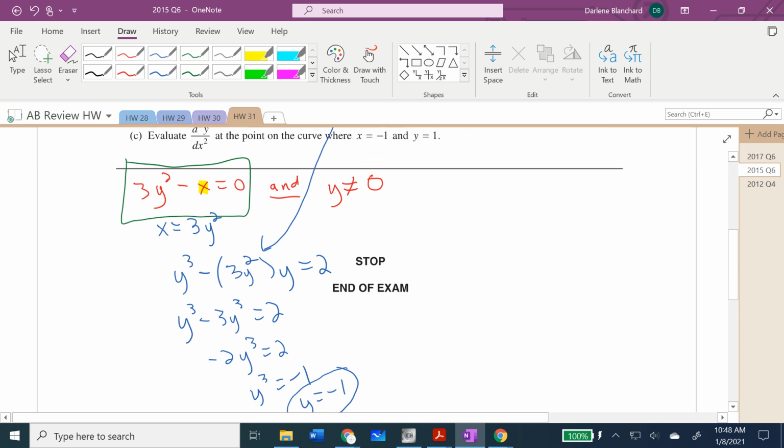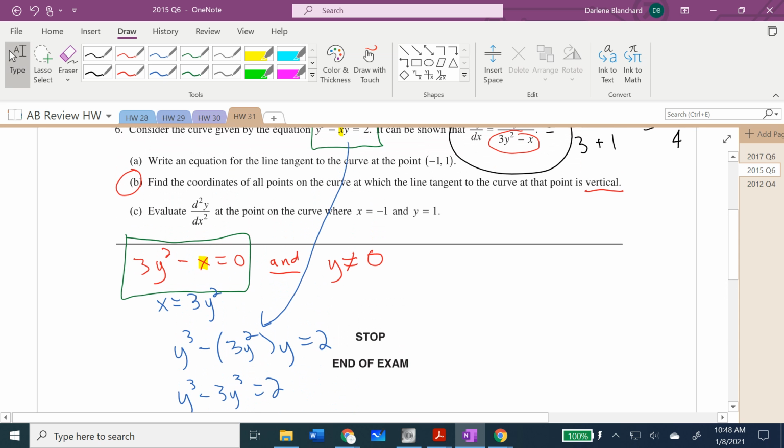I want to make sure that I answer the question, so I want to read it again. Find the coordinates of all the points. I've got a y coordinate, I need the x coordinate. I can turn to one of my equations and plug in y equals -1.